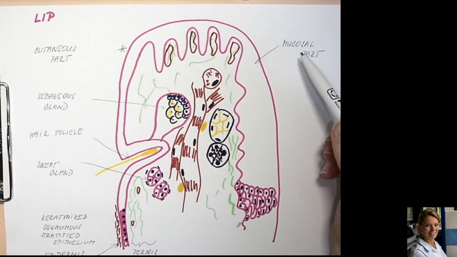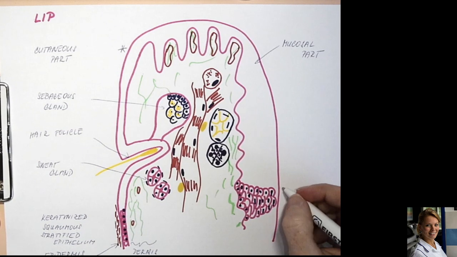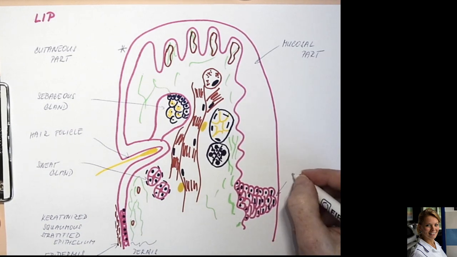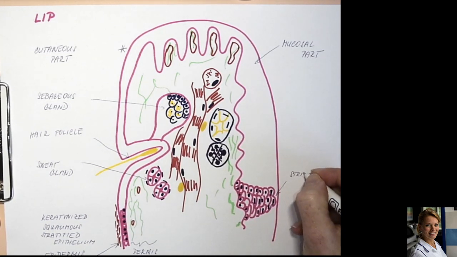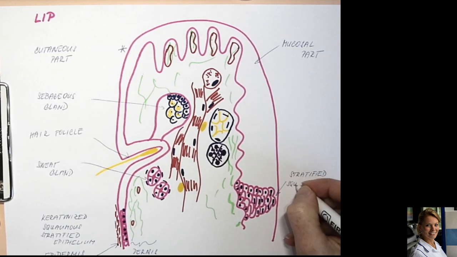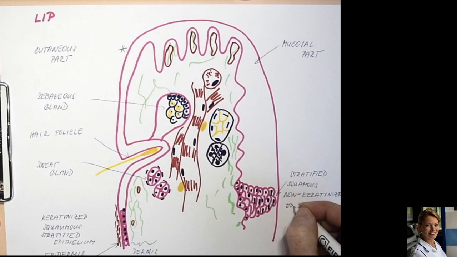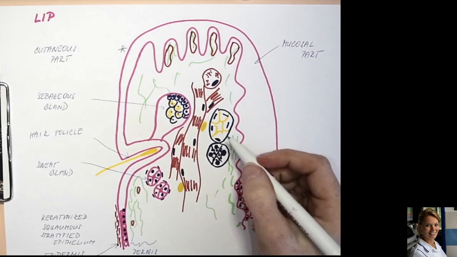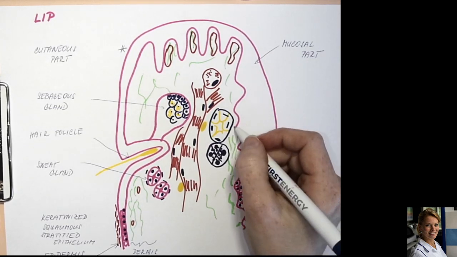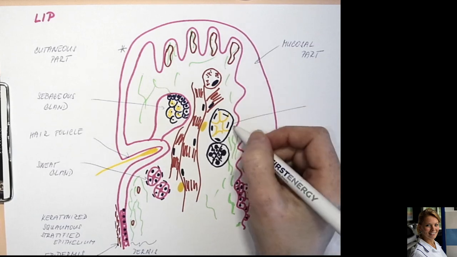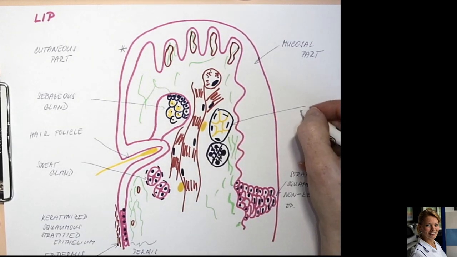The other part, the mucosal part, is lined with stratified squamous non-keratinized epithelium, and the loose connective tissue beneath the epithelium contains a seromucous gland.